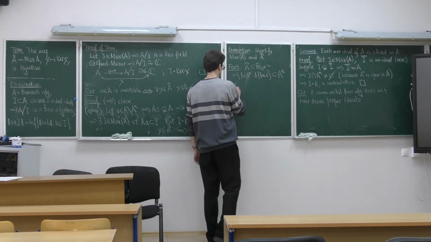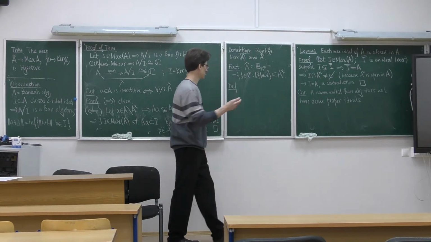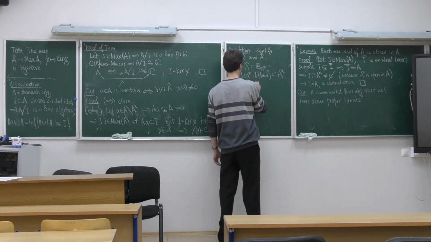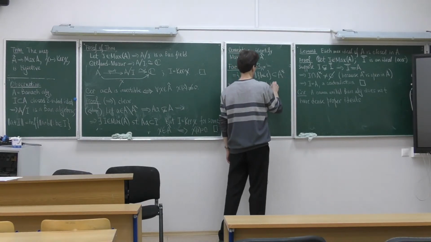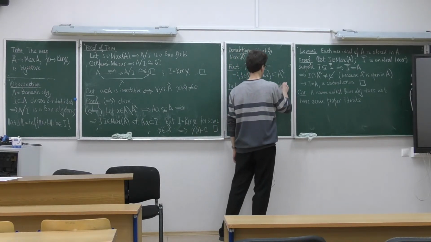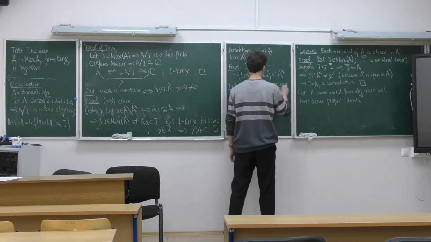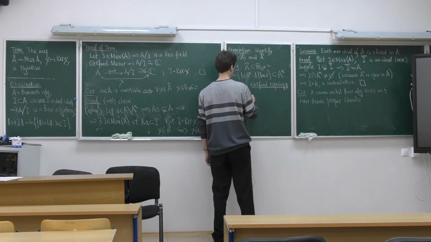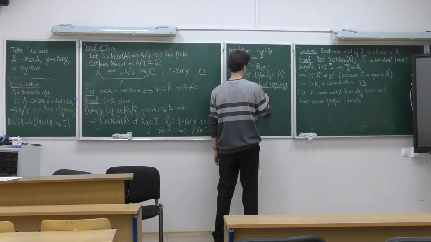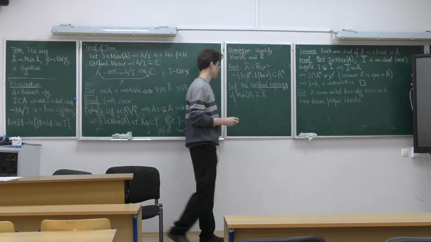And now we get the following definition. We define the Gelfand topology on the maximal spectrum of A, which is identified with A hat, the character space.